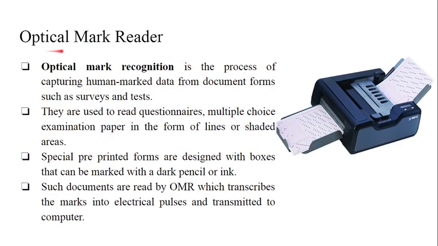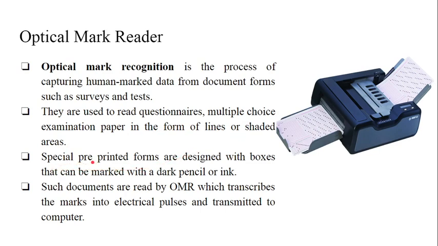Next type of input device is optical mark reader or OMR. Optical mark recognition is the process of capturing human marked data from document forms such as surveys and tests. They are used to read questionnaires and multiple choice examination papers in the form of lines or shaded areas.